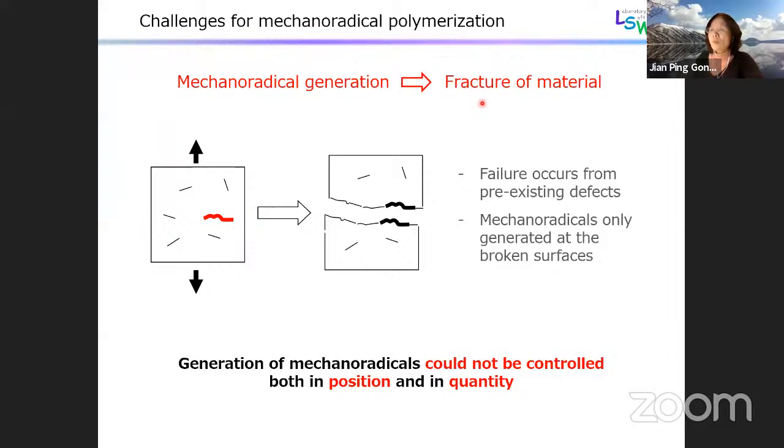So this is, I think, why until now there has been almost no success in using mechanoradicals to remodel materials. Although using mechanoradicals for polymerization is well known, people cannot use it because the concentration of mechanoradicals is so low, and also the positions cannot be controlled. So as a result, it's difficult to use.